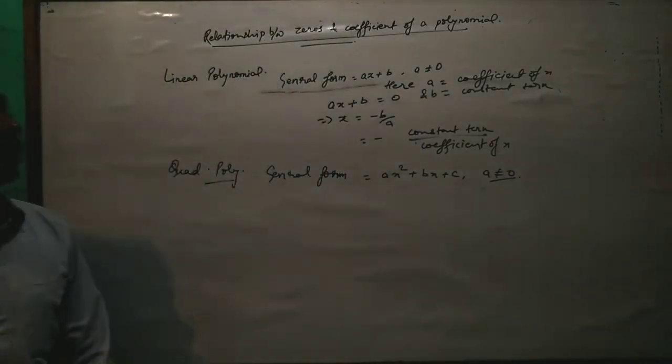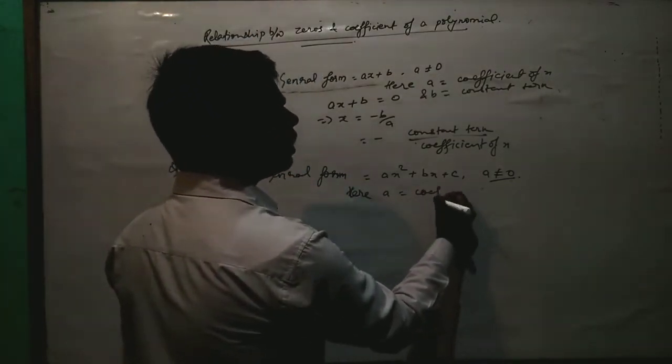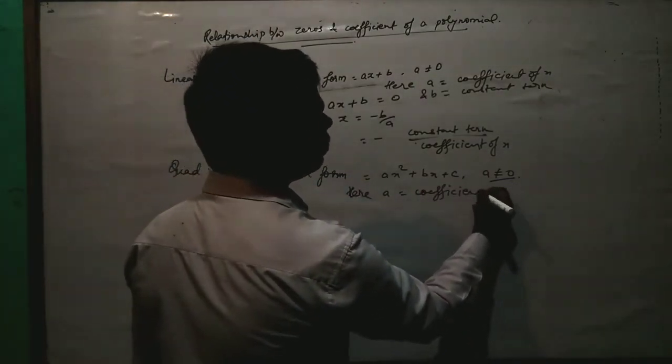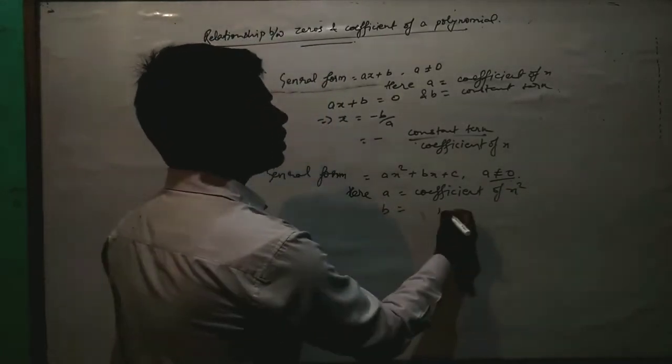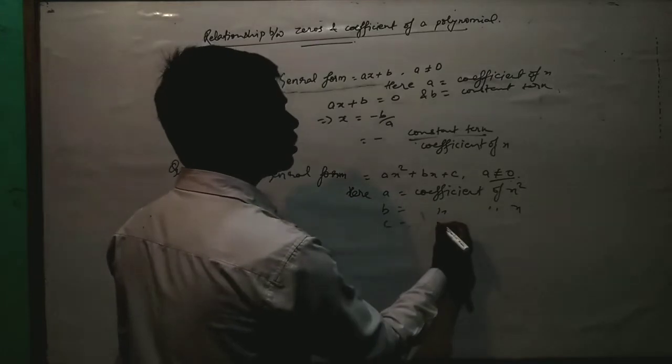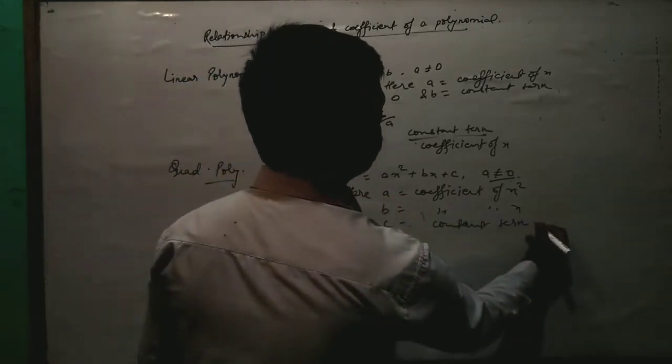That is the general form. Here a is the coefficient of x square, b is the coefficient of x, and c is the constant term.